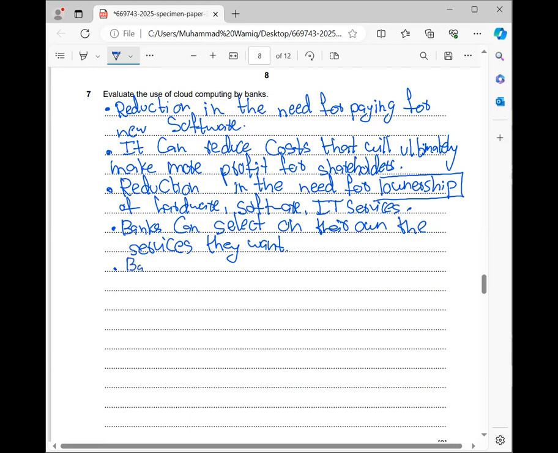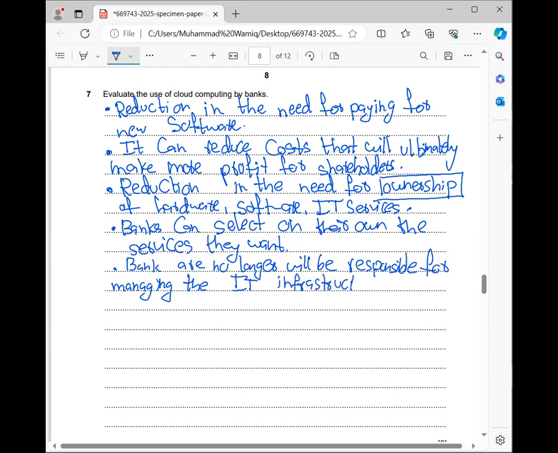One more important point is that banks will no longer be responsible for managing the IT infrastructure because most of that will be done by the company itself.